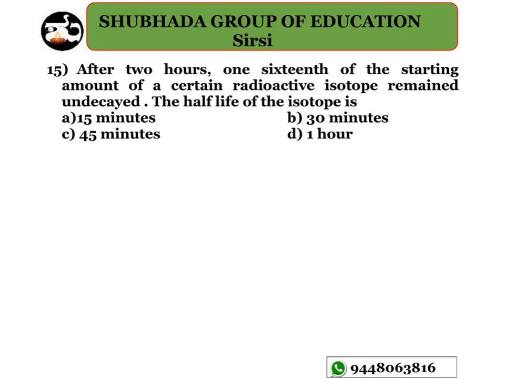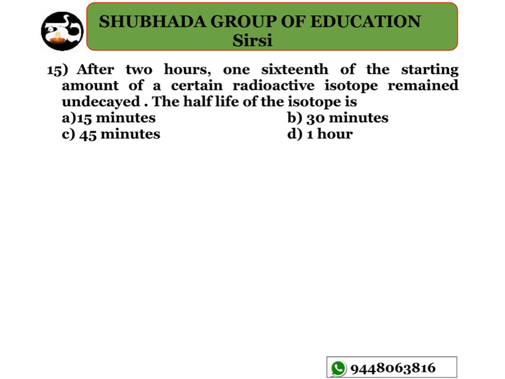After 2 hours, 1/16th of the starting amount of a certain radioactive isotope remained undecayed. The half-life of the isotope is the question here. As you know how to solve this problem, please try to solve it now.